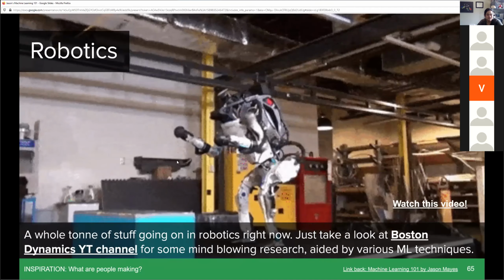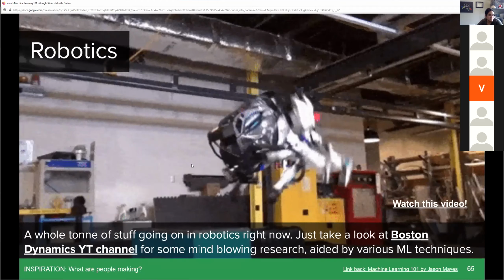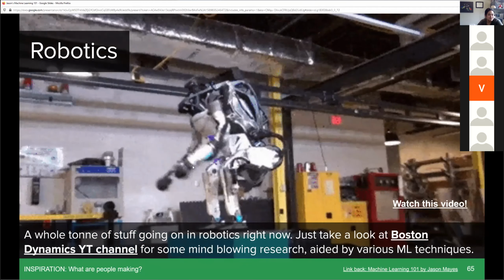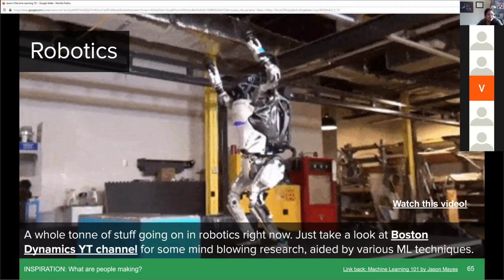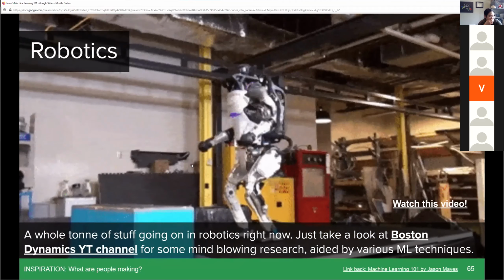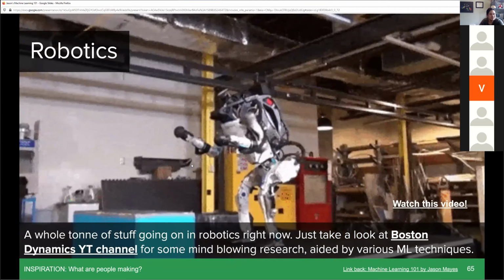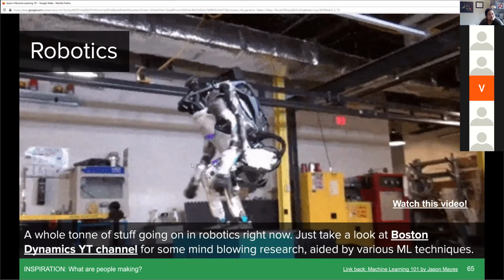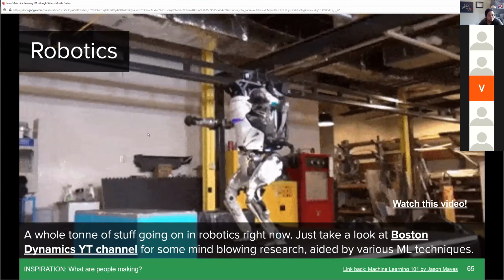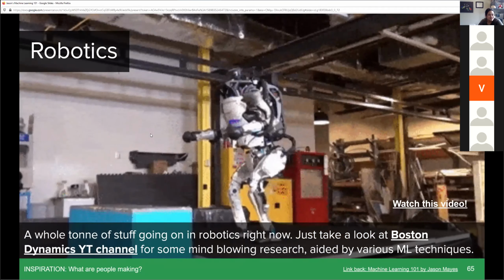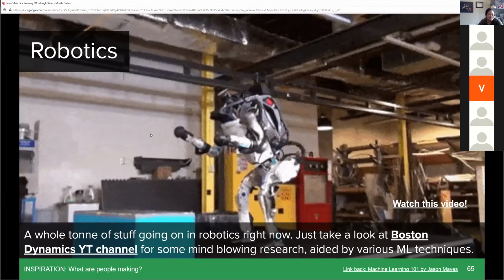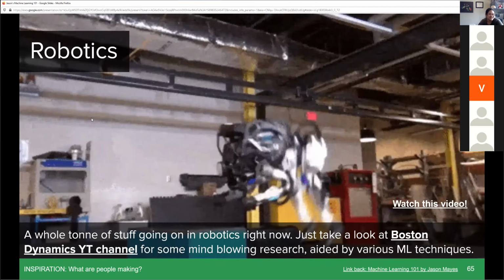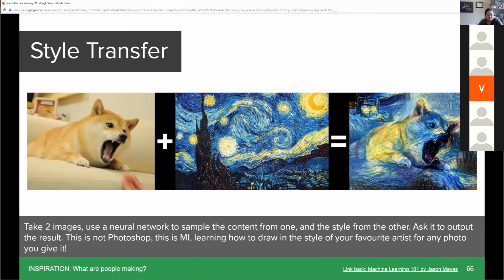Robotics, Tesla is definitely using machine learning to detect the difference between a traffic cone and a pedestrian. But remember, when you use machine learning, you're never 100% sure of anything, right? So there's a 99% chance that that is a traffic cone versus a human being. There's still a risk that you're going to get the model wrong. There's no 100% guarantee.